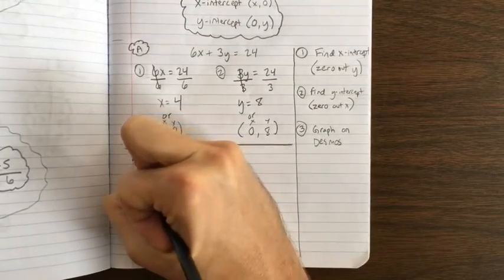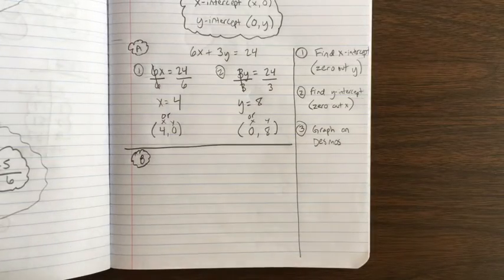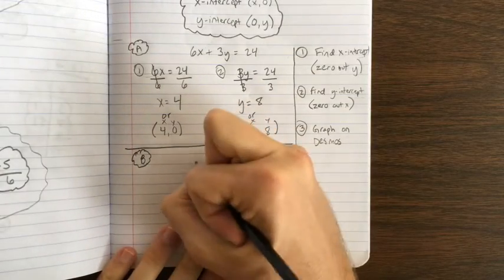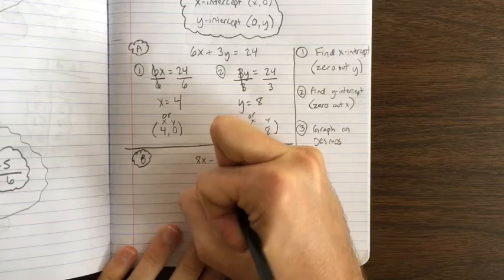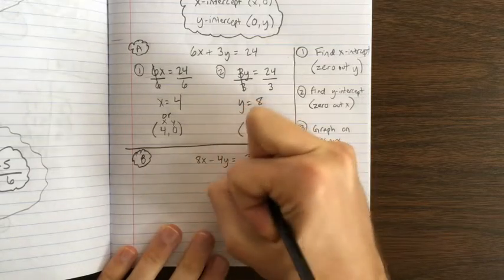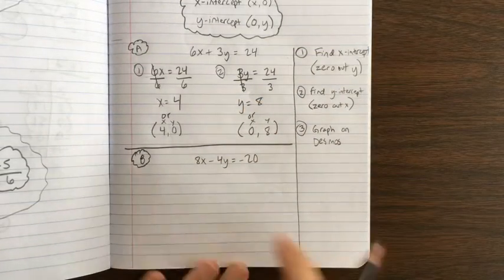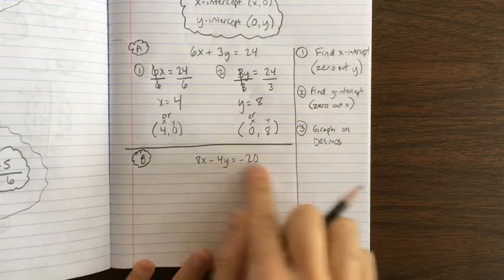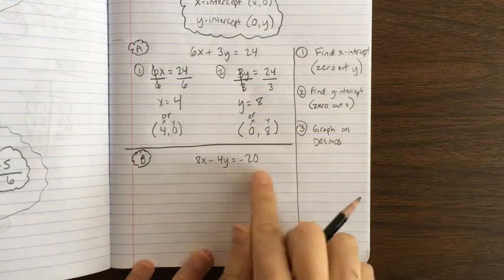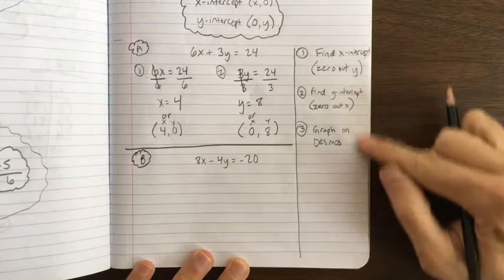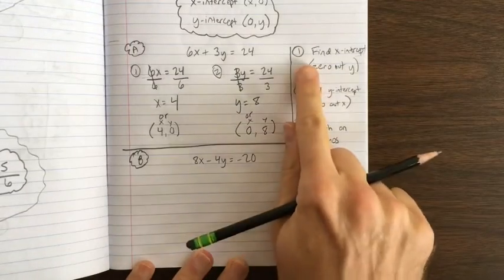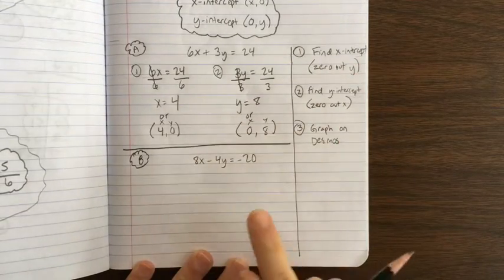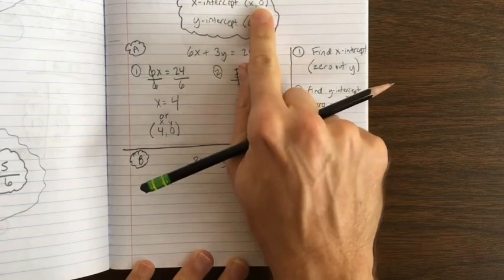So for example B, let's do something that's a little funkier. 8x minus 4y makes negative 20. So just given this equation in standard form, I don't know the x or y intercept, so I need to find them, right? So step 1, find the x-intercept, which means we need to zero out the y, right?